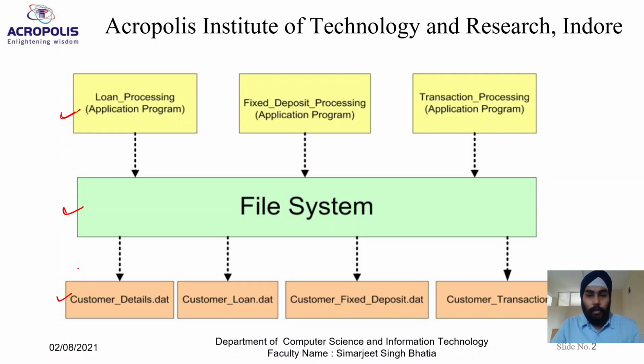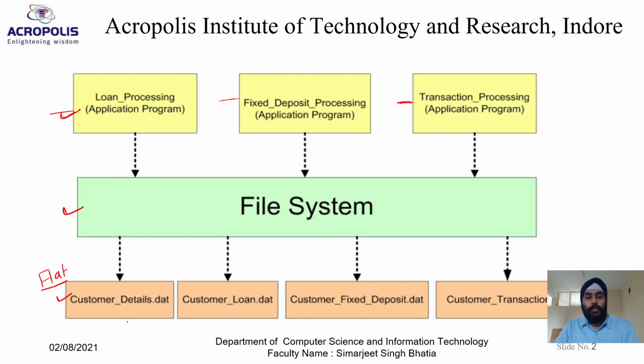To understand this approach, on the top level, the loan processing application program, the fixed deposit processing application program, and the transaction processing application program are sitting, which are interacting with the file system, and in turn the file system interacts with all the flat files which are kept on our storage device.